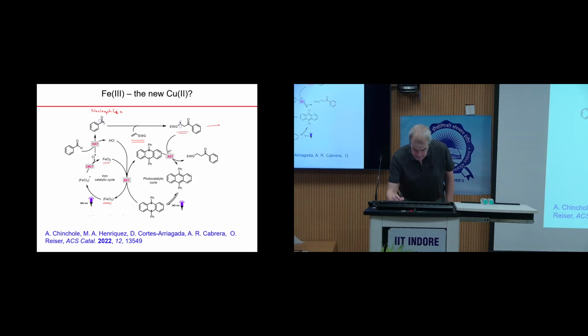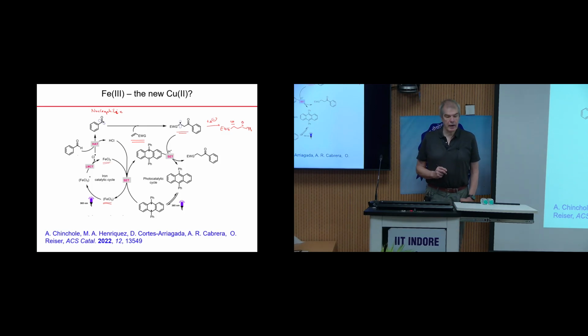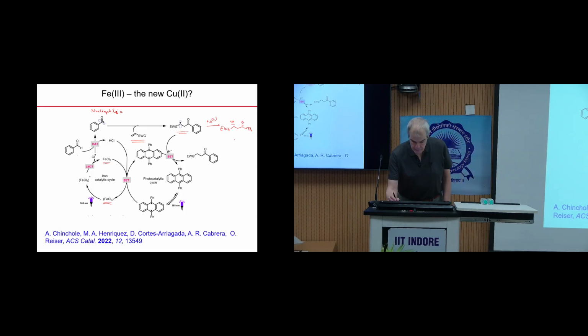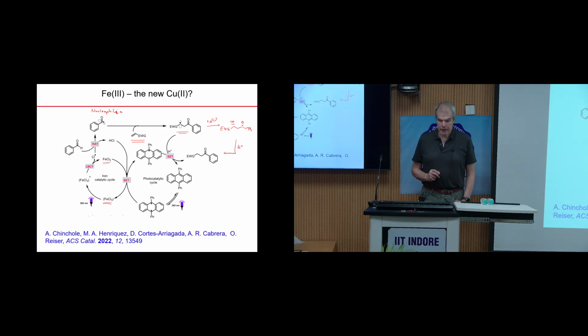So if this gets another electron, we would go through this carbanion, and if this picks up a proton, then you get this compound. And in principle, this electron could come from the iron 2 chloride.